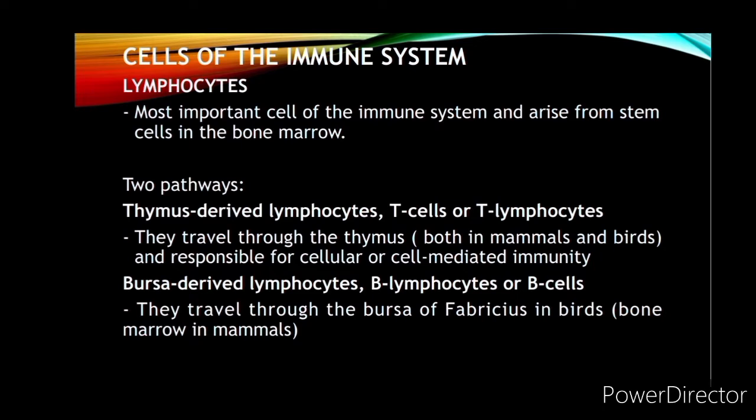After originating from stem cells, the lymphocytes follow two pathways. The first is the thymus-derived lymphocytes, T cells or T lymphocytes, which travel through the thymus in both mammals and birds and are responsible for cellular or cell-mediated immunity. And the other one is the bursa-derived lymphocytes, B lymphocytes or B cells, which travel through the bursa of Fabricius in birds, and the bone marrow in mammals.